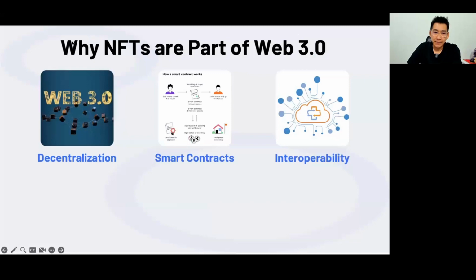And the final part about NFTs is why NFTs are part of Web3. So we have heard about Web3 a lot. If you have heard about Web3, type Web3 in the chat box there.